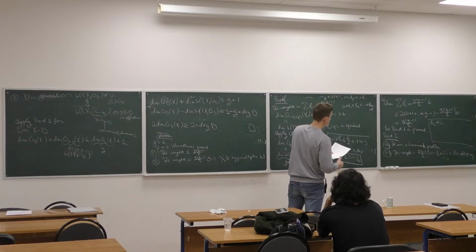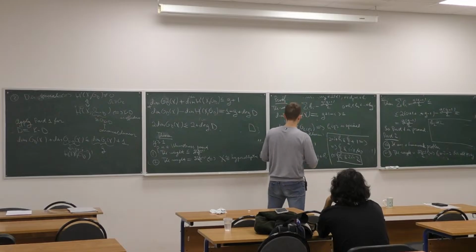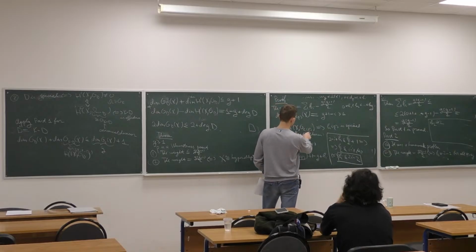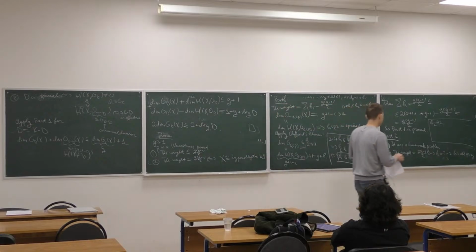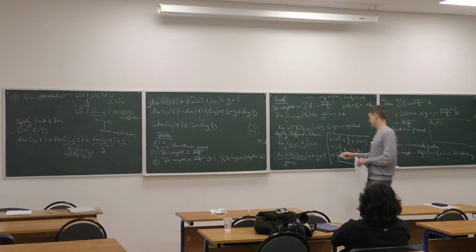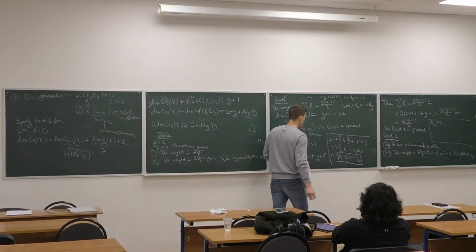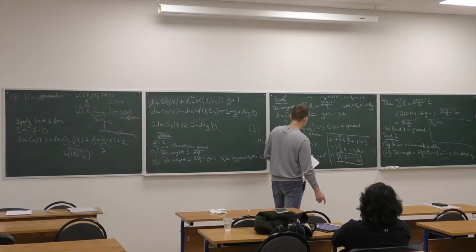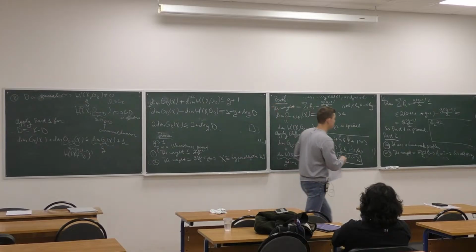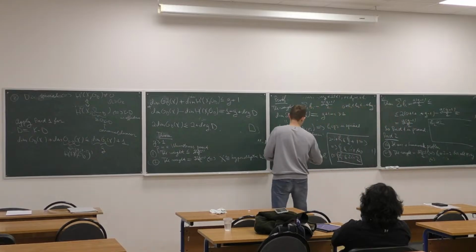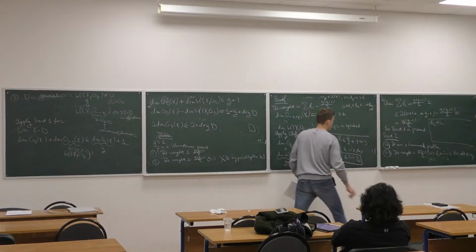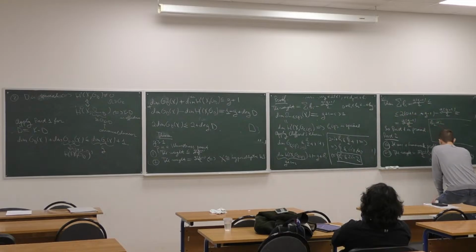To be more precise, you see how we got this inequality. We used this inequality, so if these inequalities are equalities, then all these are equalities. So star is equality.